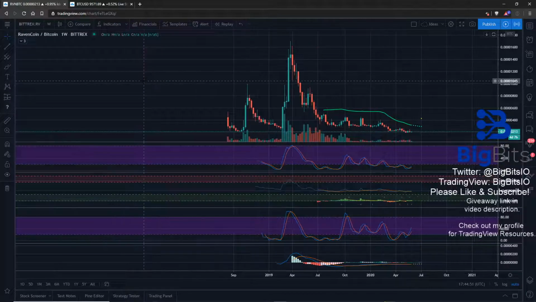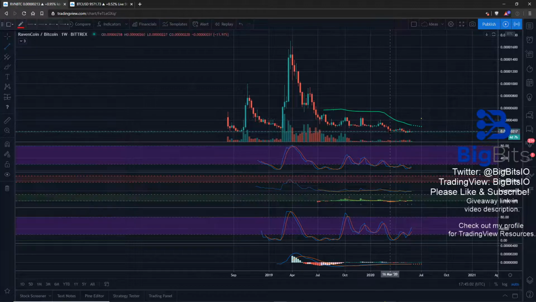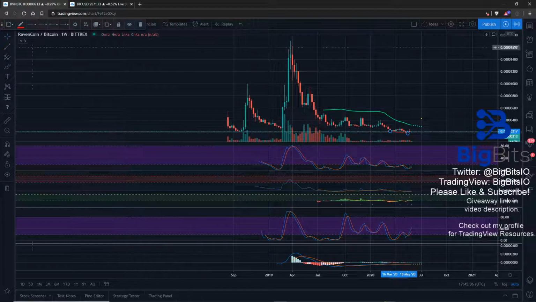So just purely based off of TA, I actually really like this one on the weekly chart, because I think you actually have a divergence here with the stochastic RSI.